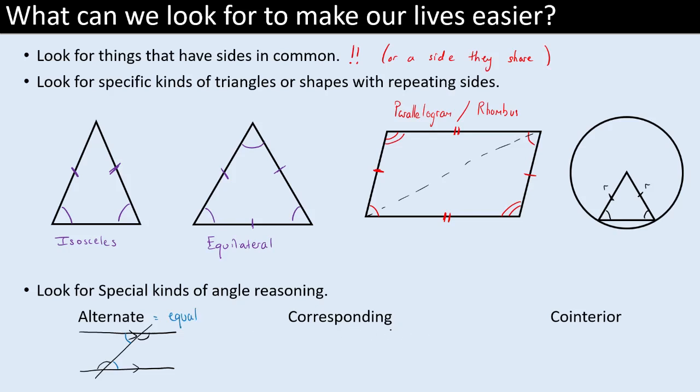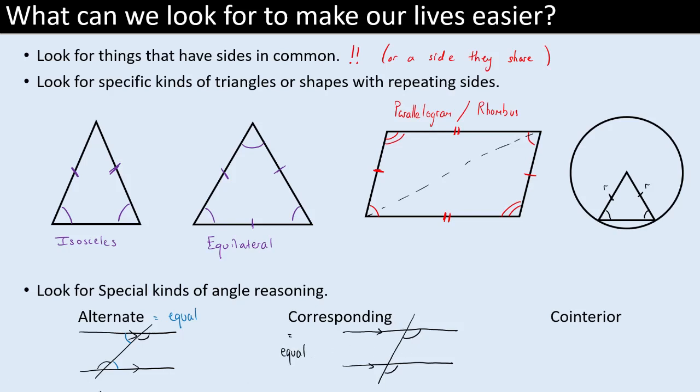For corresponding, if you've got two parallel lines like we have in the parallelogram, then corresponding angles are going to be in the same place but on the corresponding parallel line. Corresponding angles are also equal. Okay?